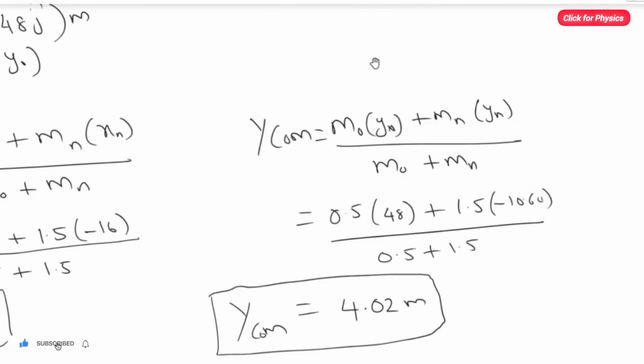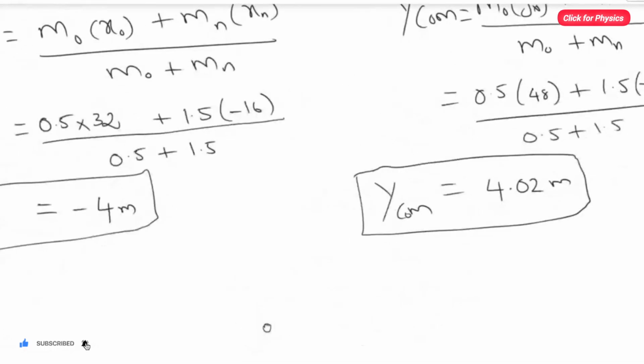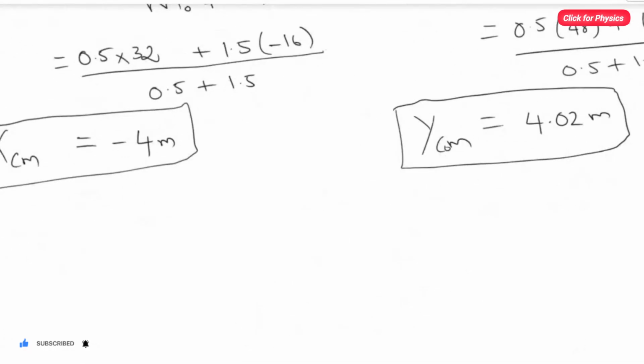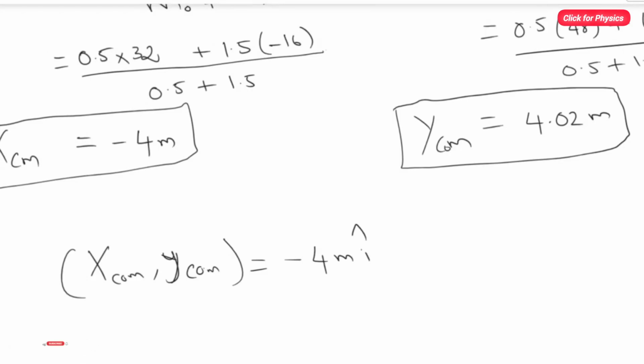Clear? Now we have to give the center of mass of the system in unit vector notation. So we write x center of mass comma y center of mass, which is equal to: your x center of mass is minus 4 meter i cap, and y center of mass is 4.02 j cap meter.